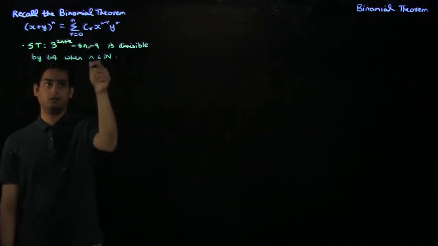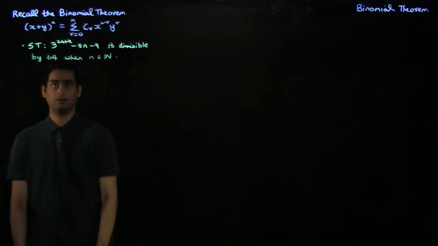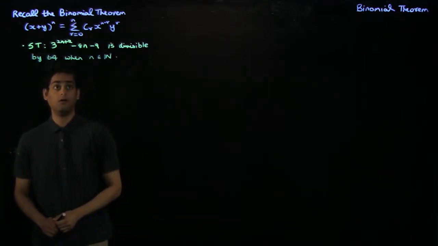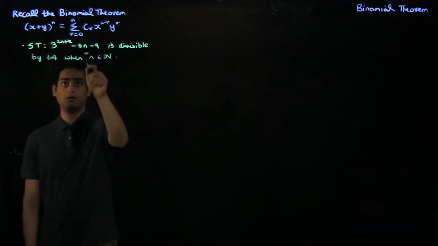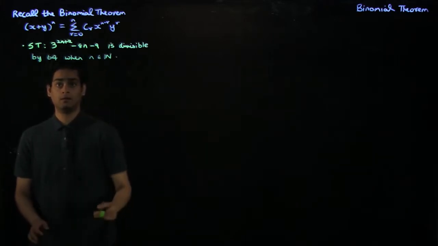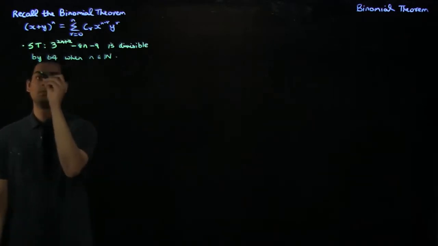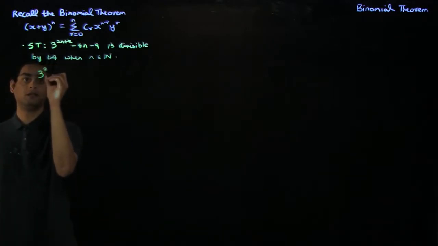You can plug in certain natural numbers and see that the term being subtracted from 3^(2n+2) is not going to be divisible by 64. So we would like to somehow get rid of these terms and leave the remaining term divisible by 64. So let's look at a way of re-expressing this term.